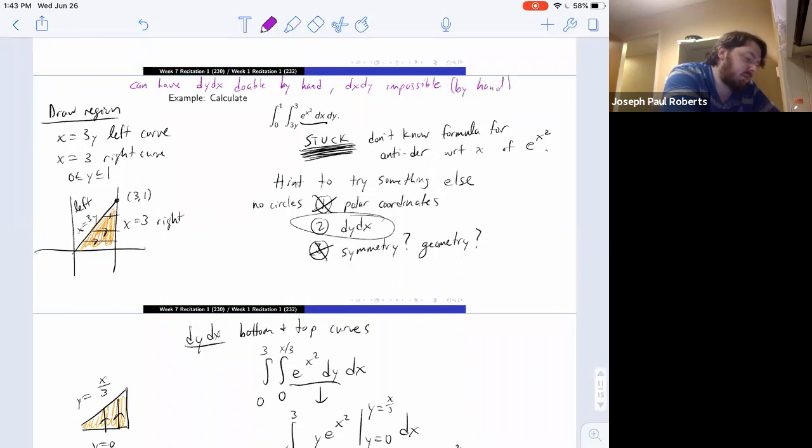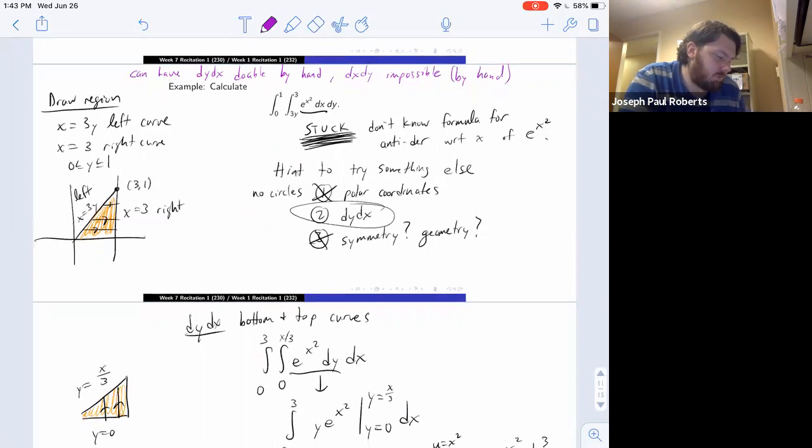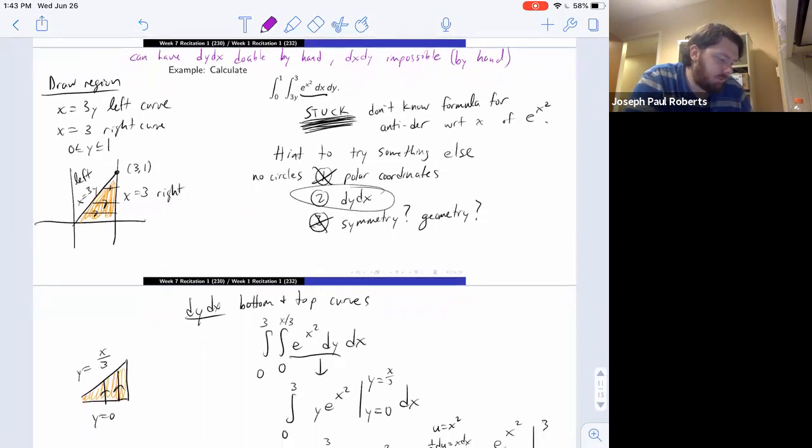Again, if you had a computer, it could numerically approximate this in either order without much trouble. But as far as antiderivatives and things like that go, you could get completely stuck with one order and have success in the other order. So there are a few on the homework that are like this as well.